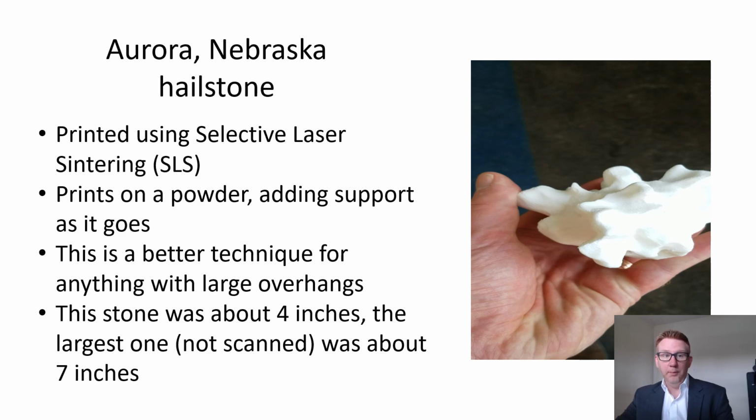So you can build very complicated objects, but removing some of those support structures can be tricky, whereas in this case, the support structures were never fused in the first place. And so essentially a fan or a vacuum sucks all of the excess powder out, and what you're left with is a perfect model without any requirement for attached overhang. This particular stone was about 4 inches, if you're interested.